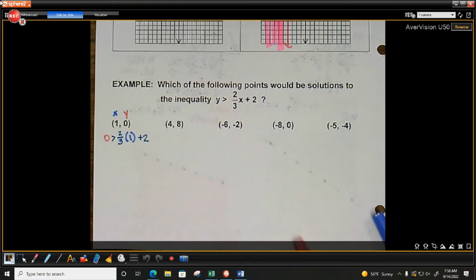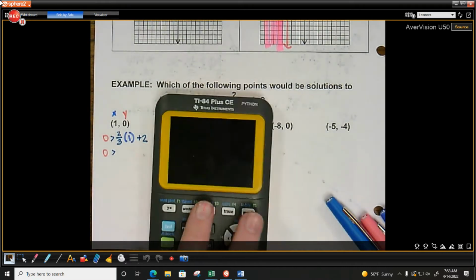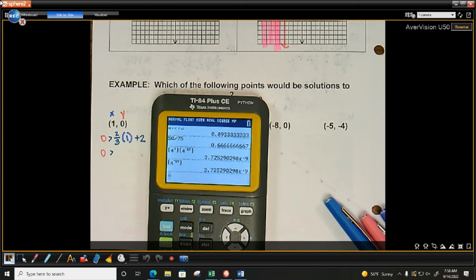So guys, what I would do is drop down my 0 is greater than, and I would put this whole right side in the calculator. So I would do alpha x, to put my fraction in, 2/3 parentheses 1 plus 2. And I get 8/3.